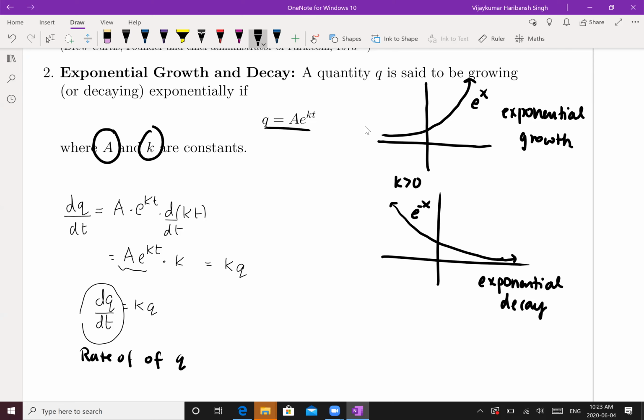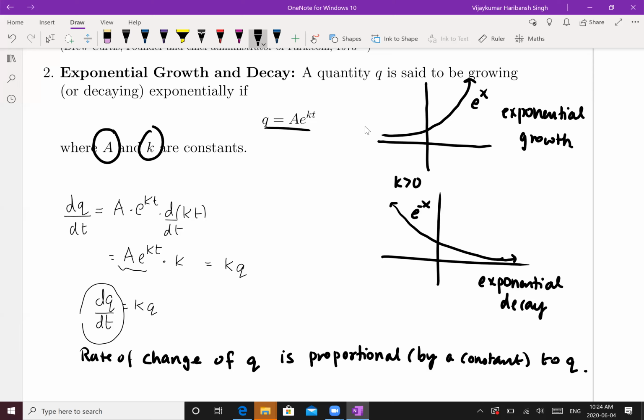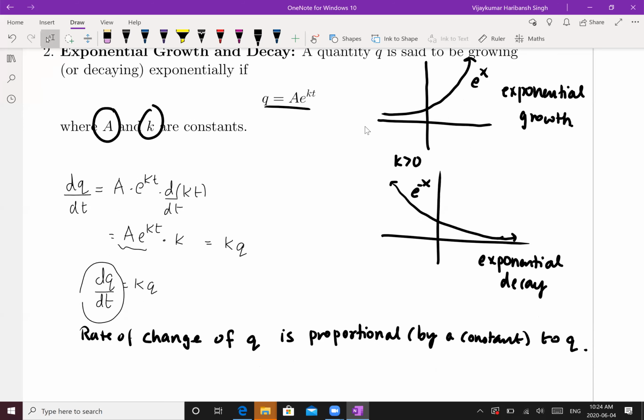So the rate of change of q is proportional, by a constant, to what? To q, isn't it? So this is the setup.